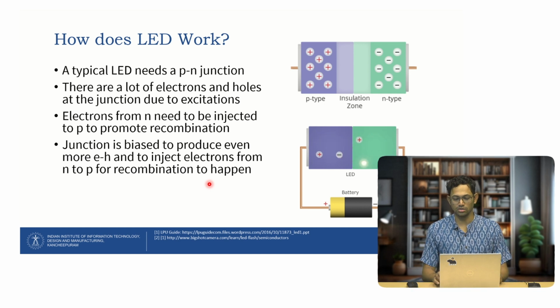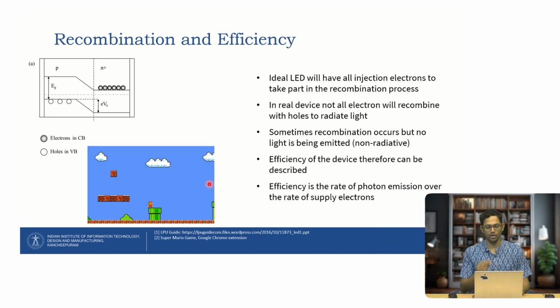So this is how a semiconductor light emitting diode works. It's just based on the recombination of electron-hole pairs. Okay, it's very similar to a Mario game that you would have already played. You can see over here Mario coming and jumping on a question mark, and then a cake comes out over here.